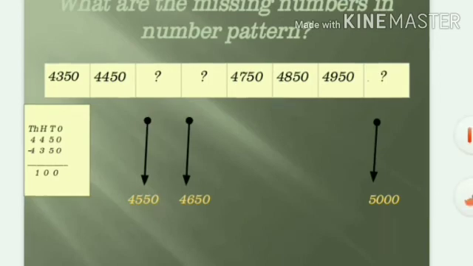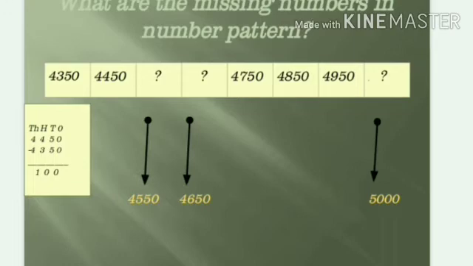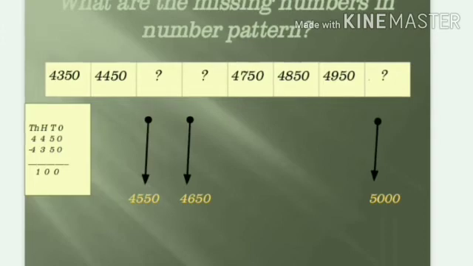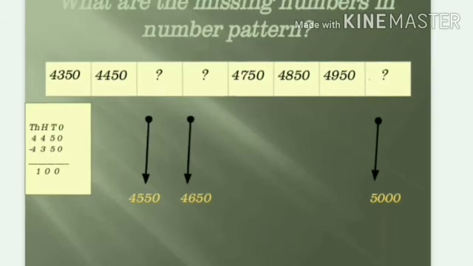Students, in this slide you have to find the missing number in the number pattern. The number pattern starts from 4350, and the next number is 4450. Students, can you see that it is arranged in ascending order? First you have to find the difference between two consecutive numbers. Here the difference is 100.